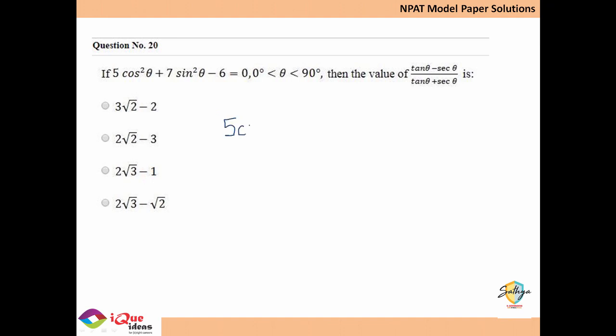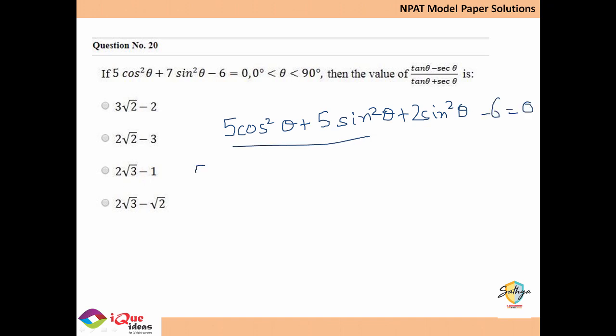So I can simplify this as 5 cos square theta plus 5 times sin square theta plus 2 times sin square theta minus 6 is 0. Why? Because now I can do this. 5 cos square theta plus sin square theta plus 2 times sin square theta minus 6 is 0.